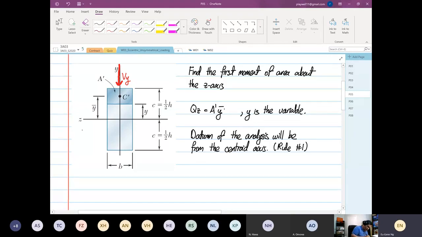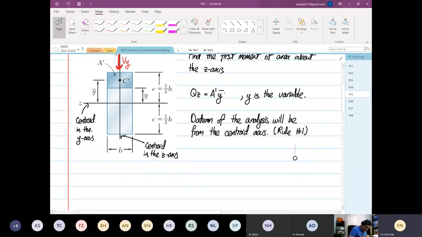So we know down here that this is the centroid in the y-axis, and this is the centroid in the z-axis. Okay, so we're going to calculate A prime.